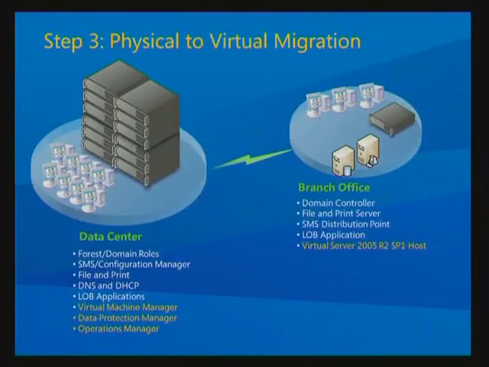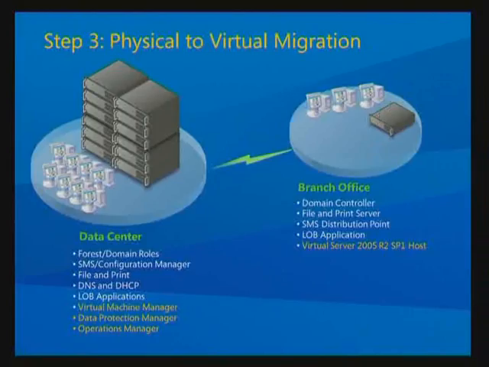Typically, you can take the approach of saying, I either want to move my DC first, if I have a DC in the branch, or I want to move it last. But you typically want to make sure that the service is available in both scenarios as I'm moving things, because I need to have authentication services in the process.